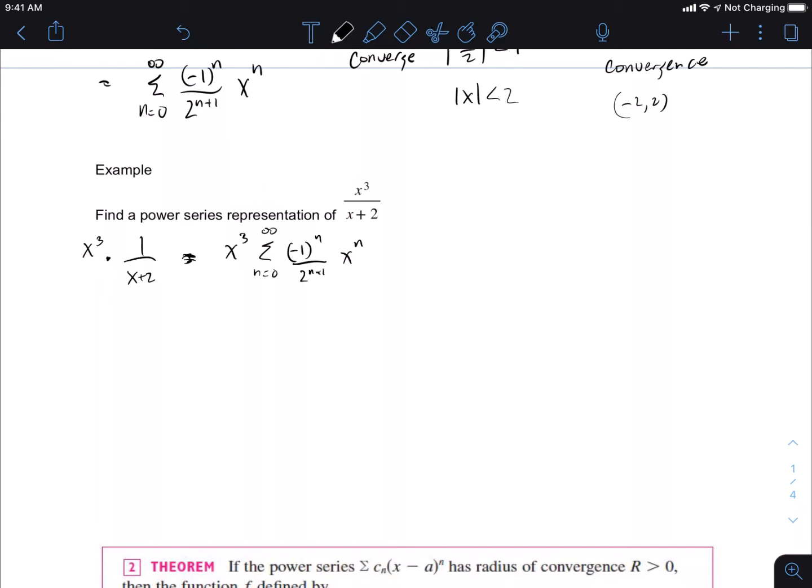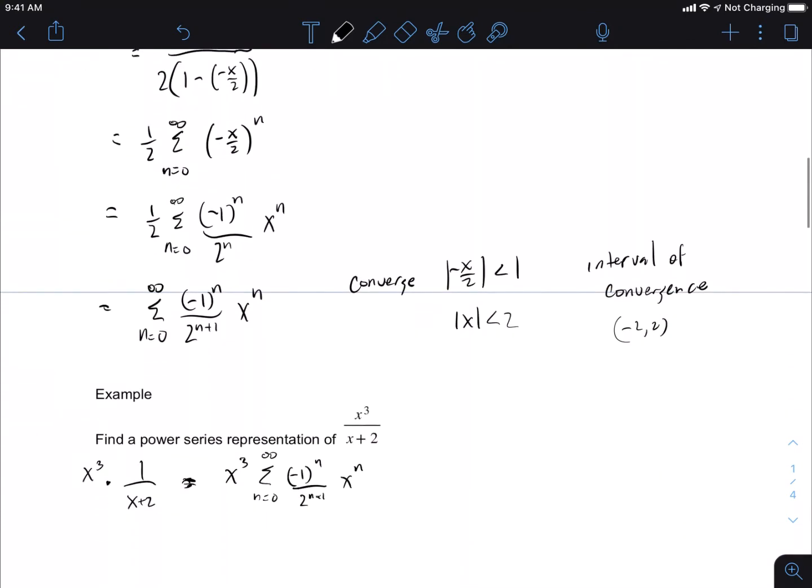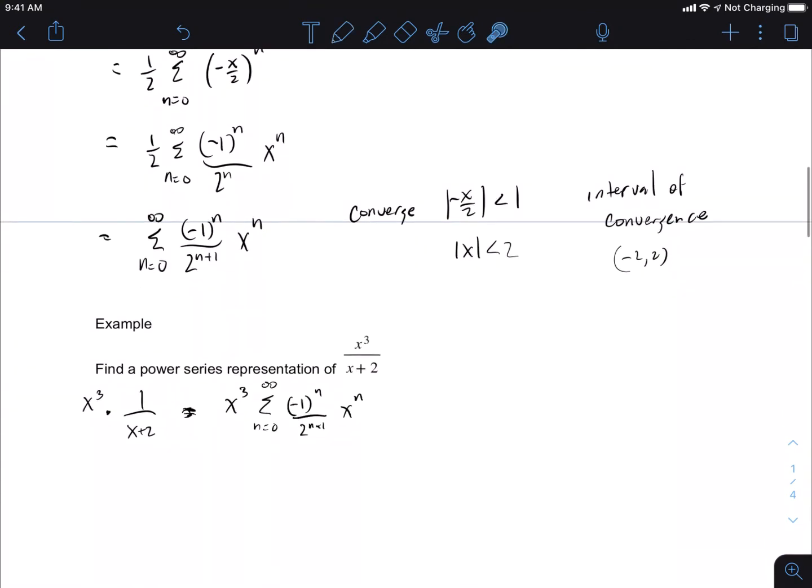And so basically what I did is it ends up being the same thing as the one above, right? It looks identical because this piece is this previous example. I just pulled the x to the third out so that I could clean it up. All the work for this piece here is done in this example up here.